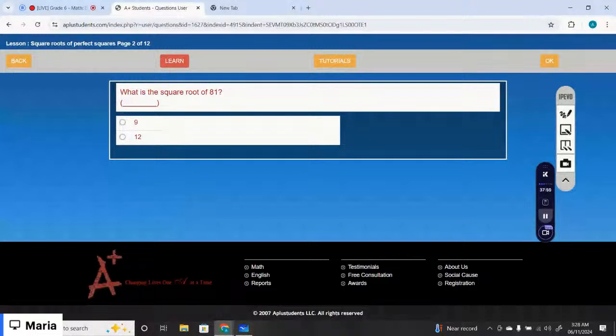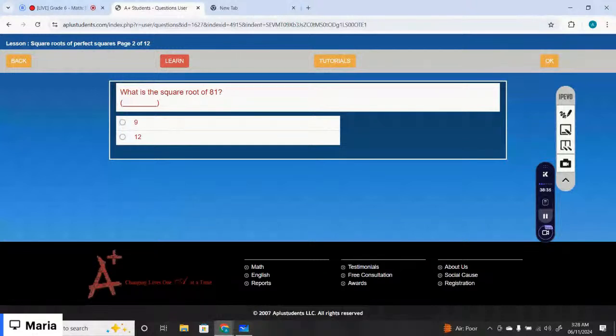What is the square root of 81? Square root 81 equals 9 because 9 times 9 makes 81.